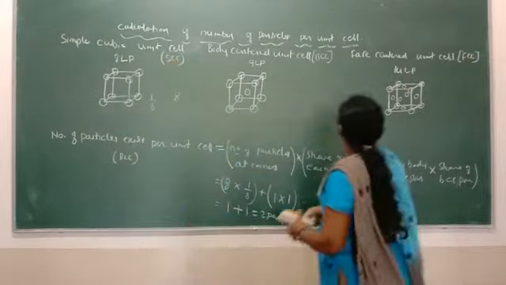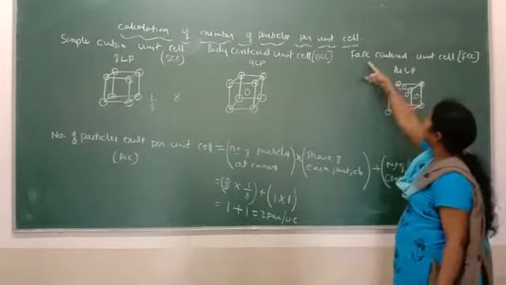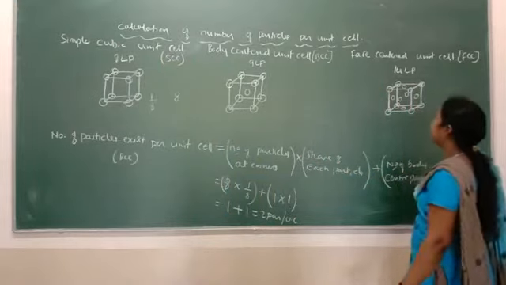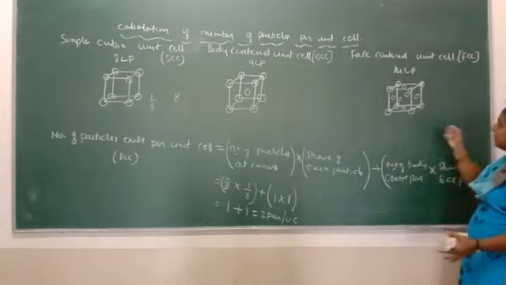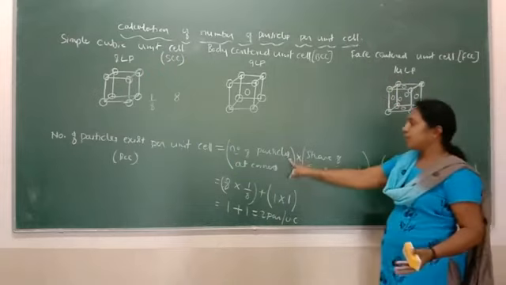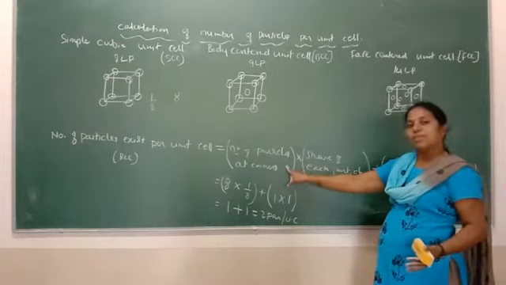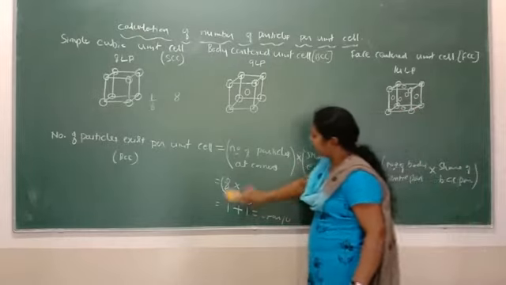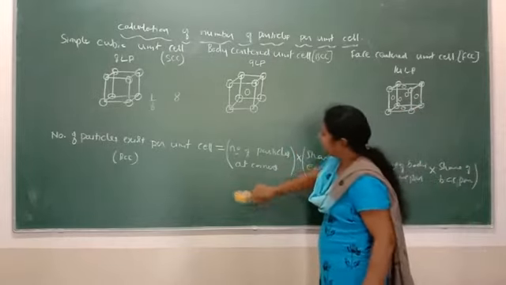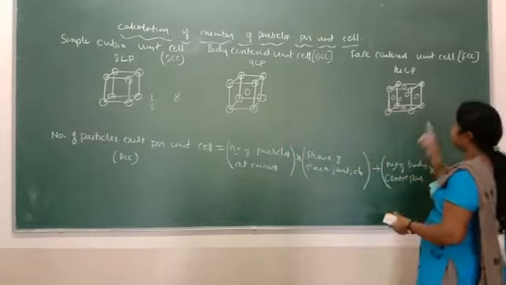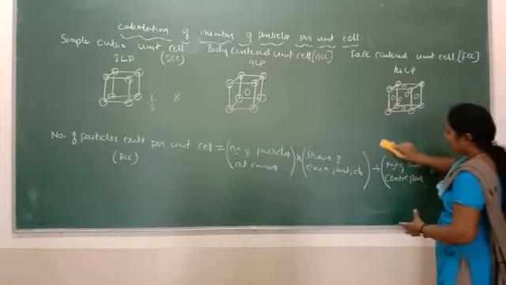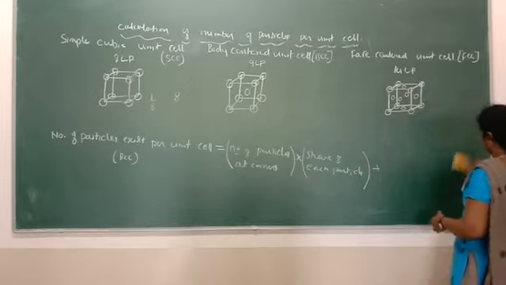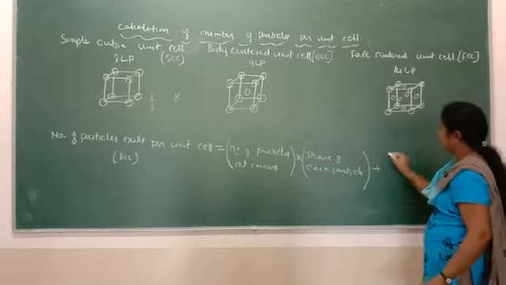Next we will go for the calculation of the number of particles that exist per unit cell in case of face-centered. In this face-centered cell there is a presence of corner particles, along with that a presence of face-center particles also. So we will calculate the number of particles per unit cell in case of FCC. The formula is changed.